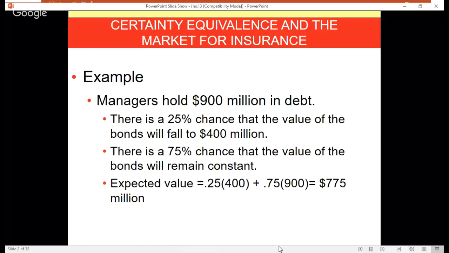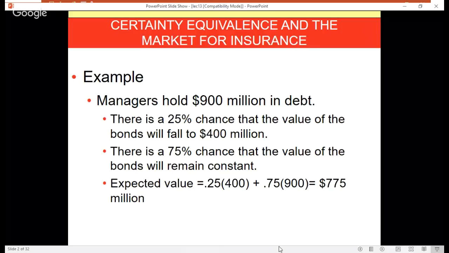Okay, so here's an example. Suppose I have a manager that has a bond worth 900 million. There's a 25% chance that the bond will default and only pay part of that 900 million face value. In this case, there's a 25% chance that they only pay 400 million.